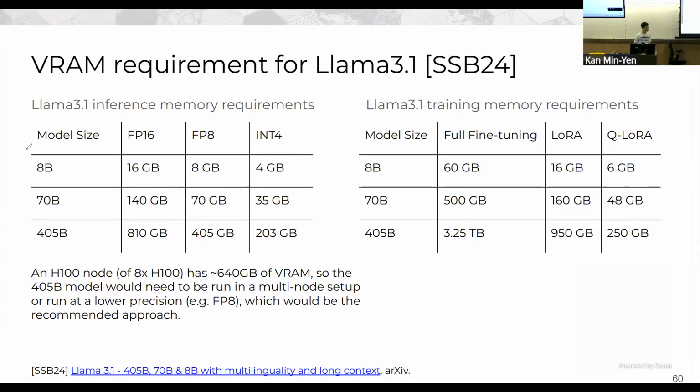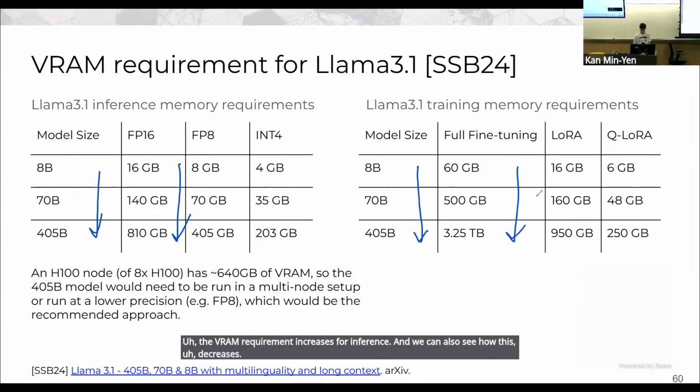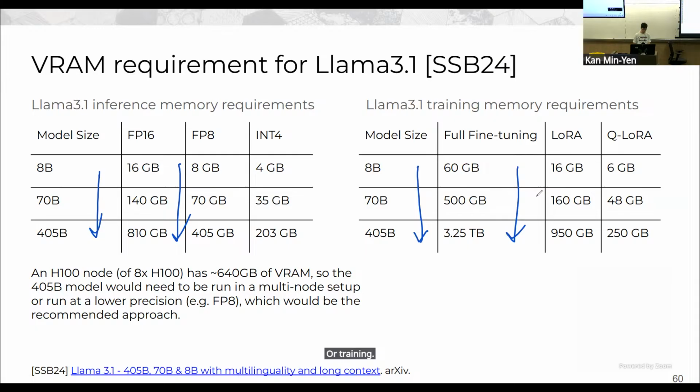As an example, I went to find the VRAM requirements for Llama 3.1. As you can see here, as the model size increases, the VRAM requirements for inference increase. And we can also see how this increases for training or fine-tuning.